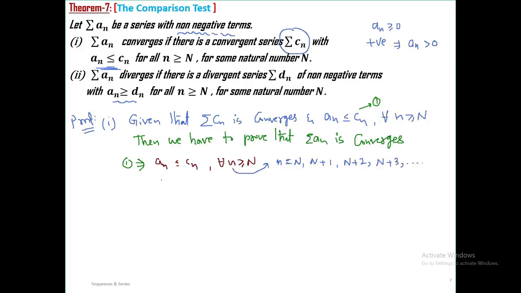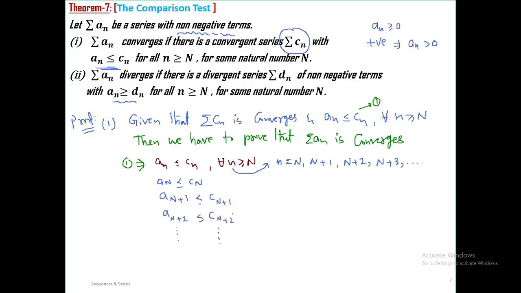Therefore, let us construct the inequalities: a capital N is less than or equal to c capital N, and an plus 1 is less than or equal to c n plus 1, and an plus 2 is less than or equal to c n plus 2, and so on.